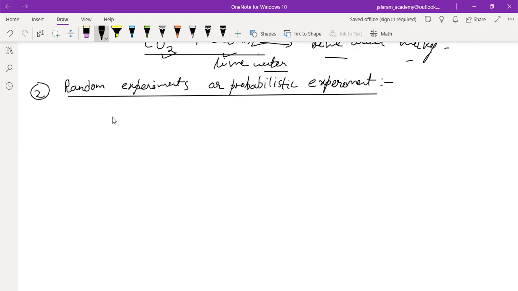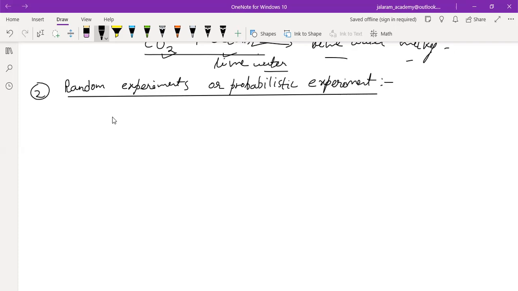The experiment which results in two or more than two possible outcomes is called a random experiment or probabilistic experiment.